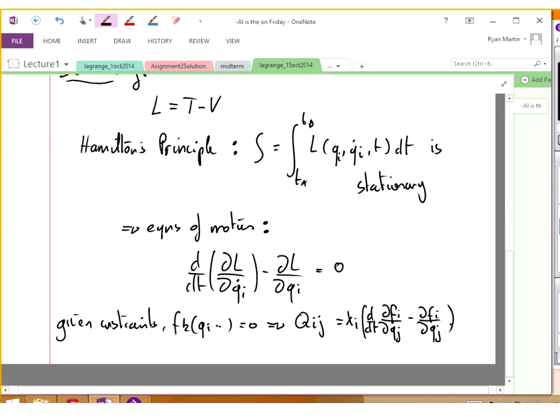And so we saw an example with a hoop rolling down a plane where the constraints were related to forces that go with those constraints. For example, we saw that the rolling without slipping constraint was related to the torque that makes the object turn. Any questions about that?